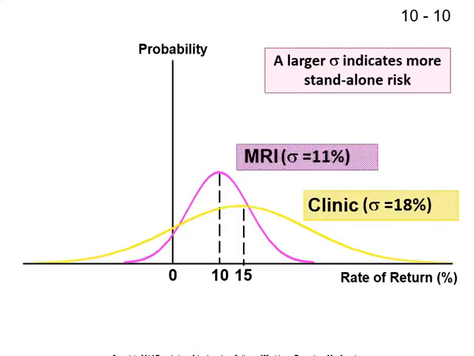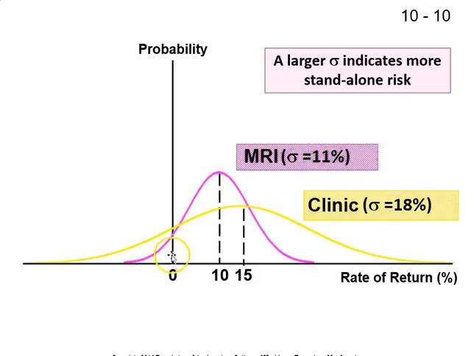Now let's take a look at standard deviation graphically. That's kind of that classic curve that you see here, and really what it means by having kind of those tighter and looser terms, especially when we're using standard deviation or sigma. Now we calculated the clinic to have a standard deviation of 18 and the MRI was 11.